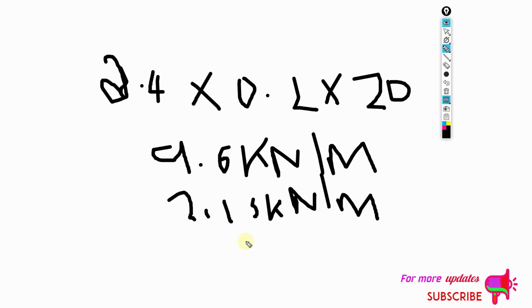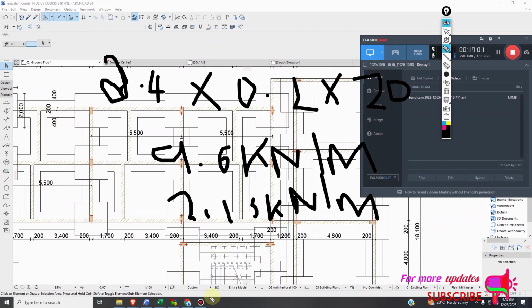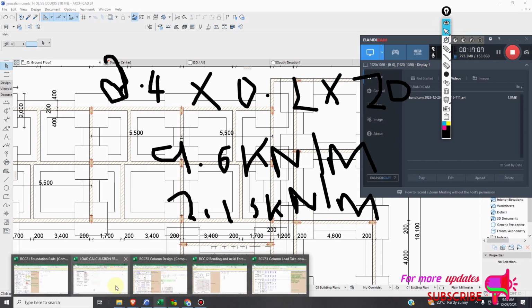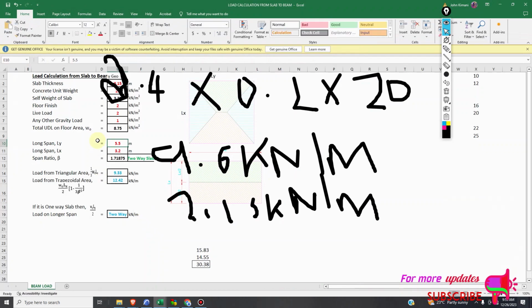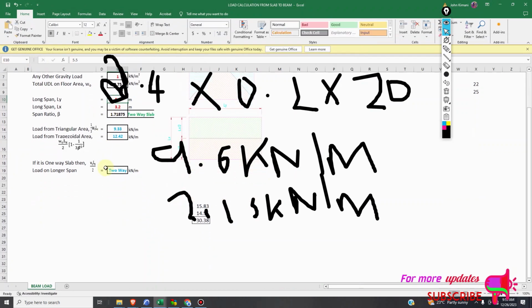And then we have load from the slabs. Now this wall, we need to find the load from the slab. To find the load on the slab, you can use this spreadsheet. It's also included, so you can just download them, all of them together.